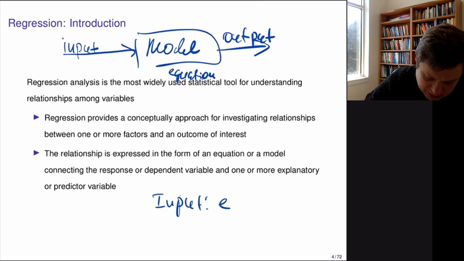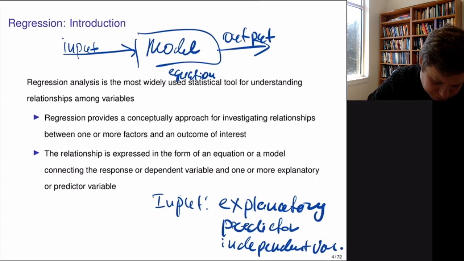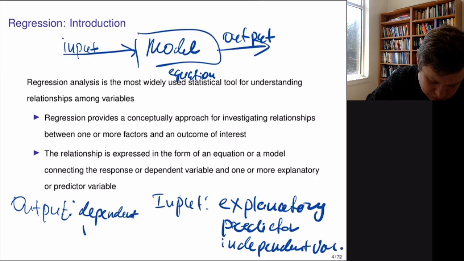So typical names for the input variables will be explanatory variable, predictor, or independent variable. And the output variable is typically called dependent variable, or response, another name for it.